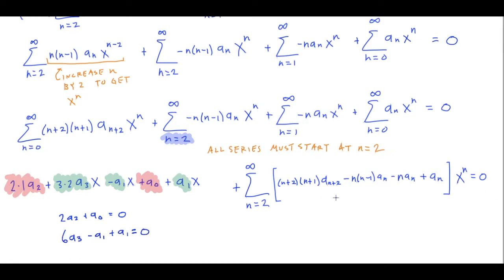Next, I'll look at the terms in my series expression, and the coefficient on the general nth term needs to be 0 for every n, so I can take this entire coefficient expression and set it equal to 0. And now, in some ways, I'm basically done with the problem.